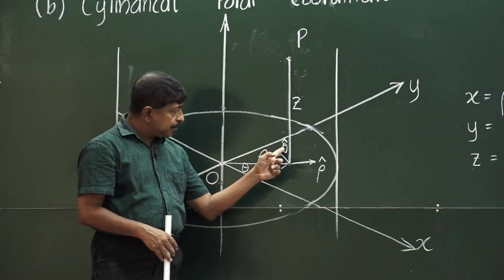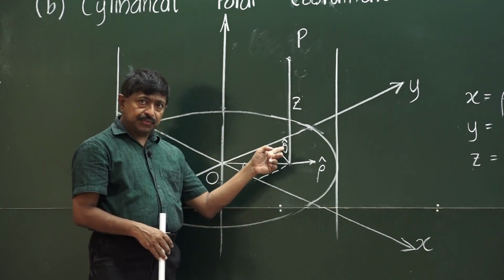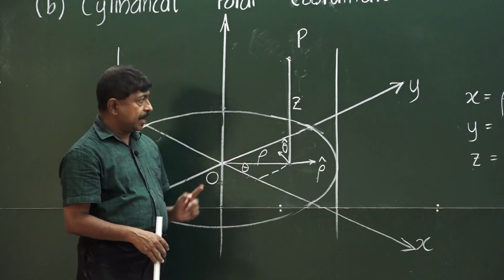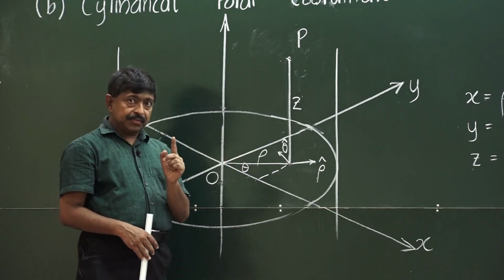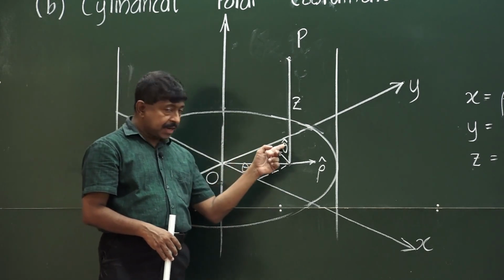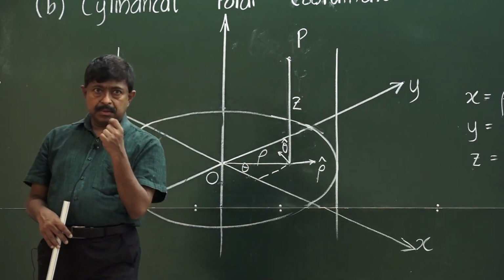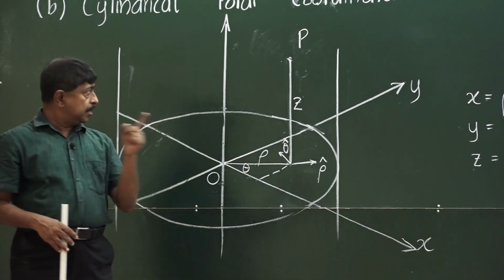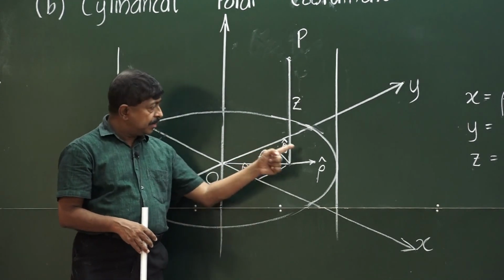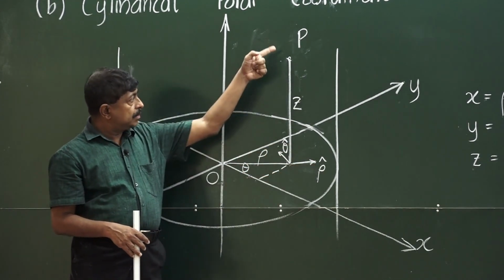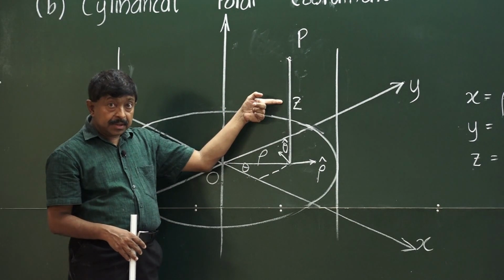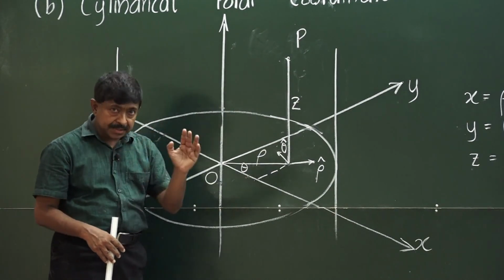By doing so, you simply increase the value of theta, and that is theta hat. Theta hat stands for the unit vector along which theta increases while rho and z remain intact, they do not change.